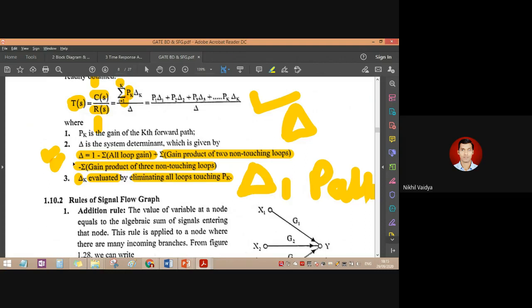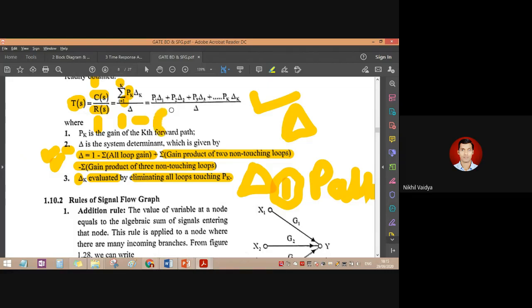What does it mean? So this delta value will have various terms here, and wherever you have used this path 1 for its calculation, you just have to write 0 there. So let us take for example, I am writing the value of delta as 1 minus the summation of all loop gains.